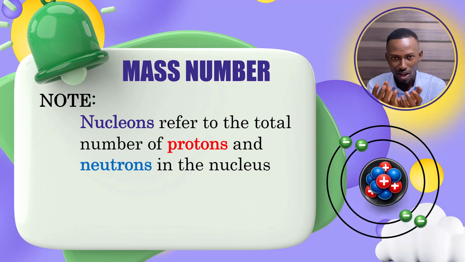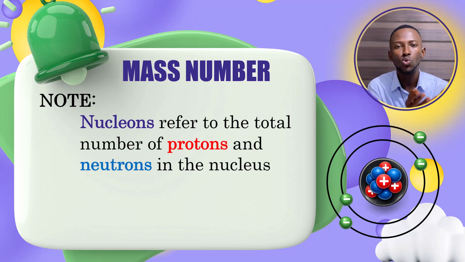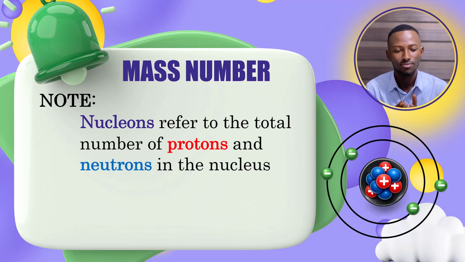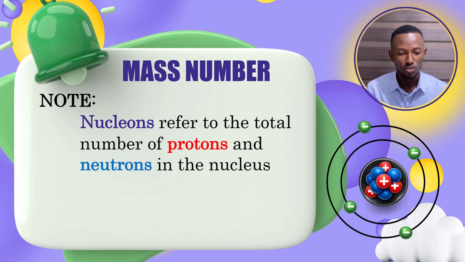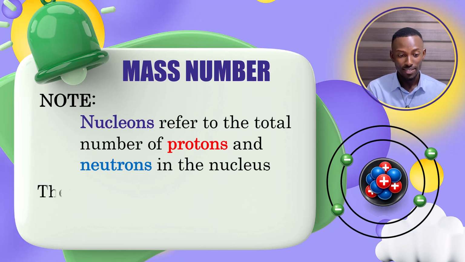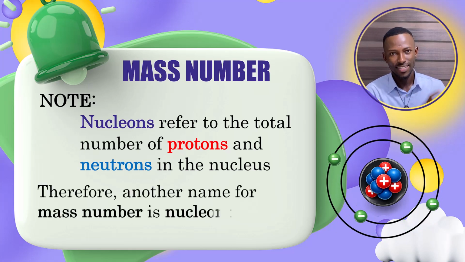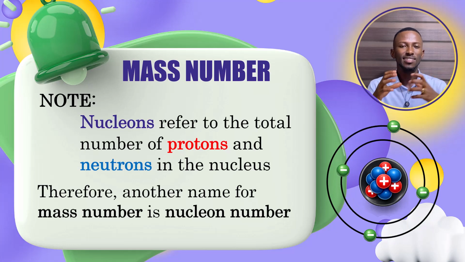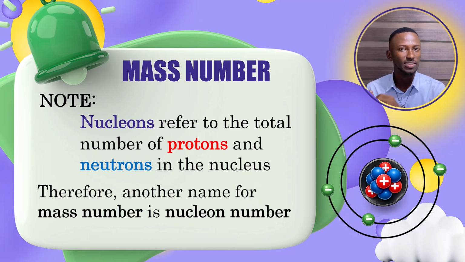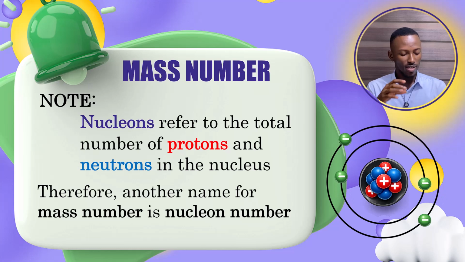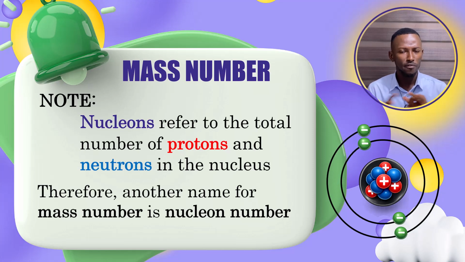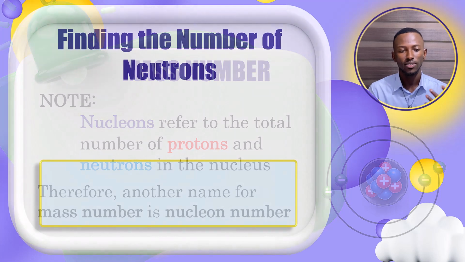Those particles are collectively known as nucleons. So that's one point to keep in mind. What that means is that mass number is the same as nucleon number. So if you find mass number and another textbook says nucleon number, you're referring to the same thing.